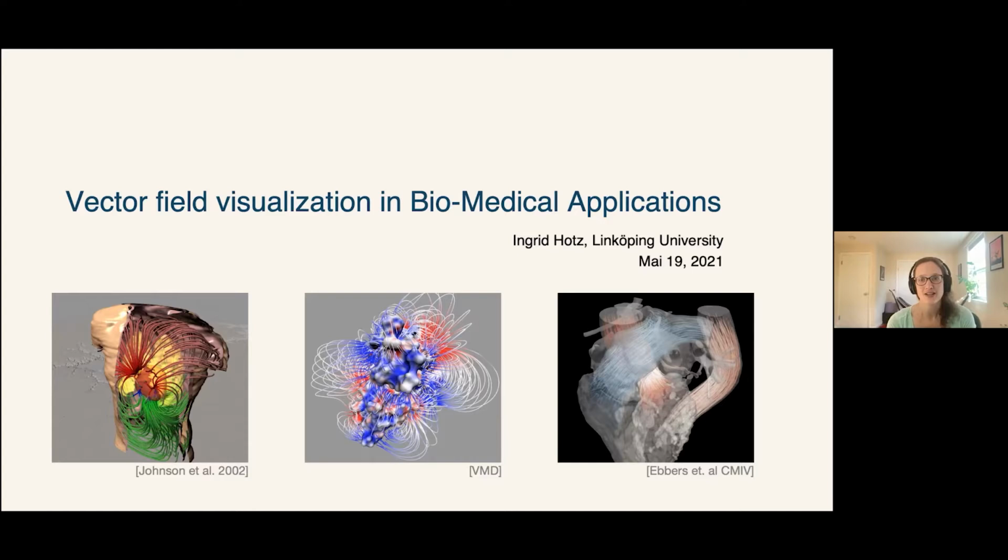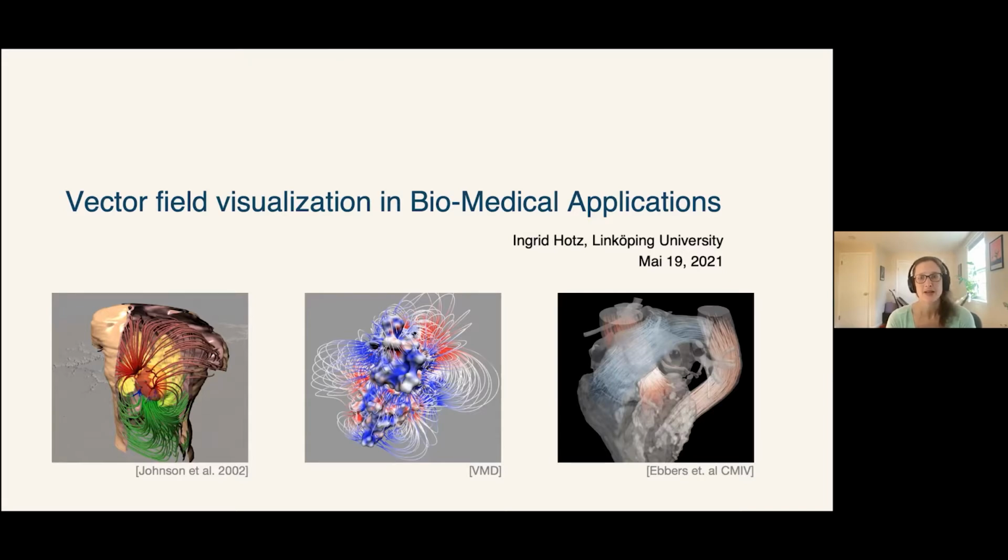So the first talk is by Ingrid Hotz and Vijay Natarajan about the foundations of topological data analysis for the BioMedVis domain. Ingrid is a professor in scientific visualization at Linköping University in Sweden. She received her master's degree in theoretical physics from LMU Munich in Germany and her PhD degree from the CS department at the University of Kaiserslautern in Germany.